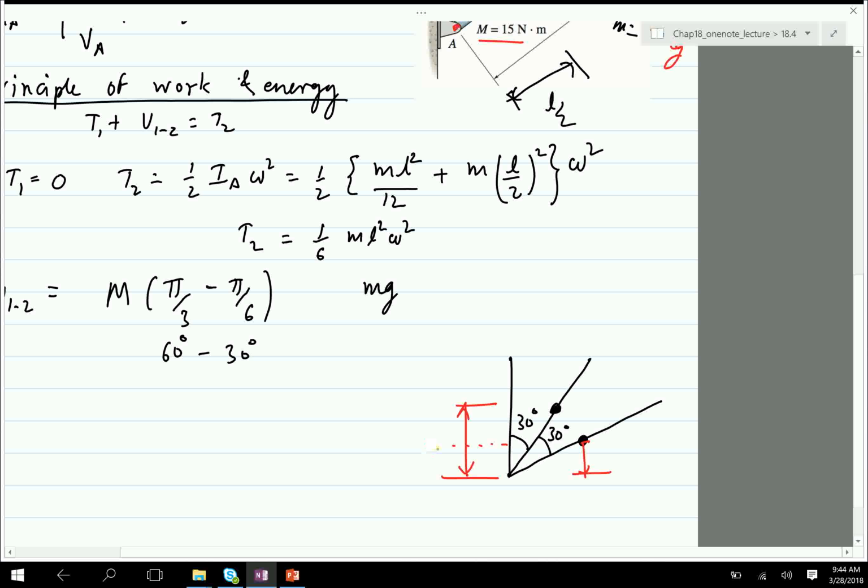Okay, so what I need to do essentially is I need to find this distance. This is my delta y, right? Goes from here to here. I need to find the displacement, so times delta y. To find delta y, I just find this, which is L by 2 cosine of 30 degrees.